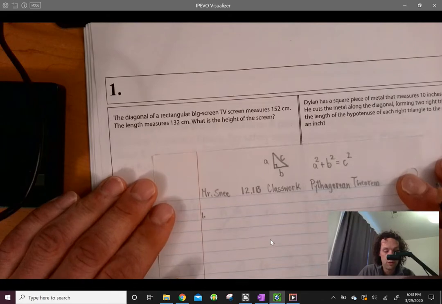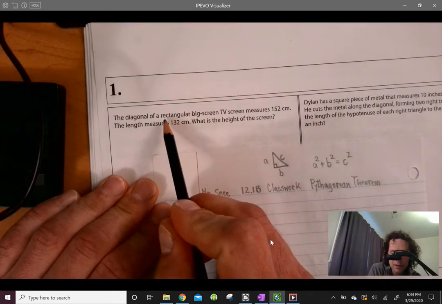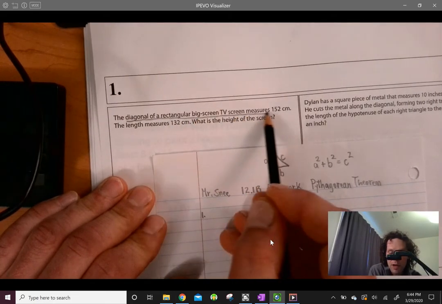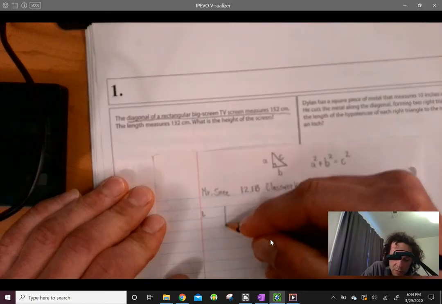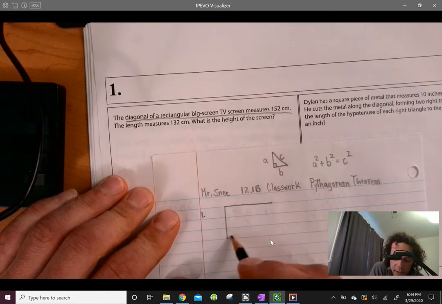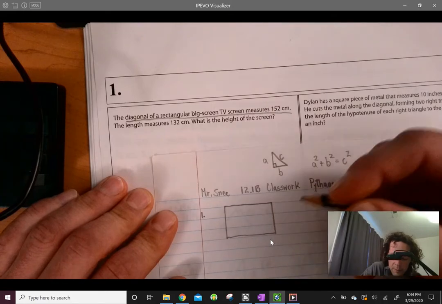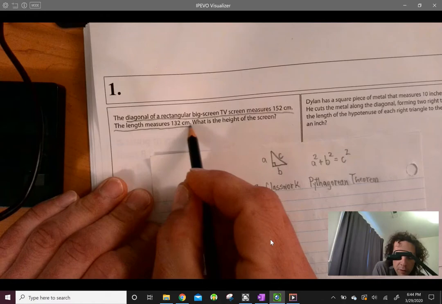Okay, so number 1 says the diagonal of a rectangular big screen TV measures 152 centimeters. That's pretty important. So I have a rectangle and it's 152 centimeters from corner to corner. That's my diagonal, right? And the length measures 132 centimeters.